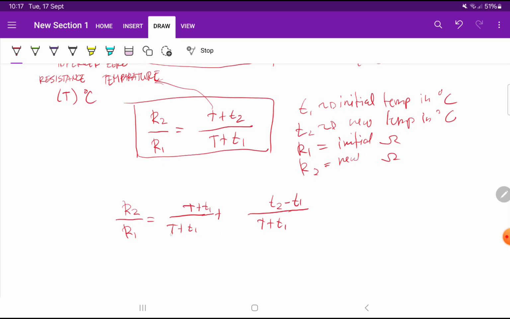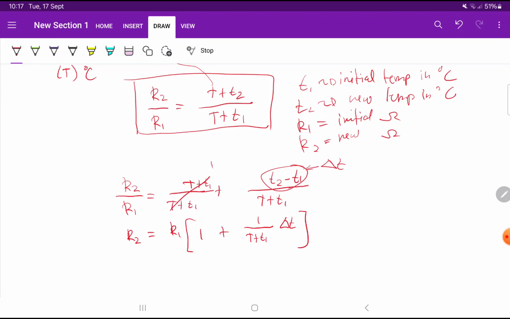Why do I do that? Because this will be equal to 1, and we can rewrite R2 as R1 multiplied by 1 plus 1 over T plus T1 multiplied by T2 minus T1, which we can just call delta T. Delta T means the change in temperature, equal to T2 minus T1.